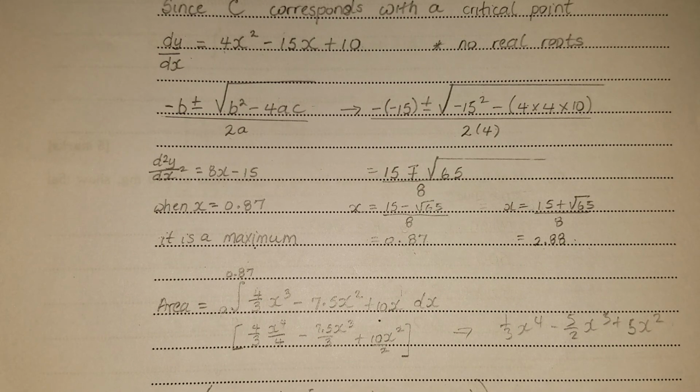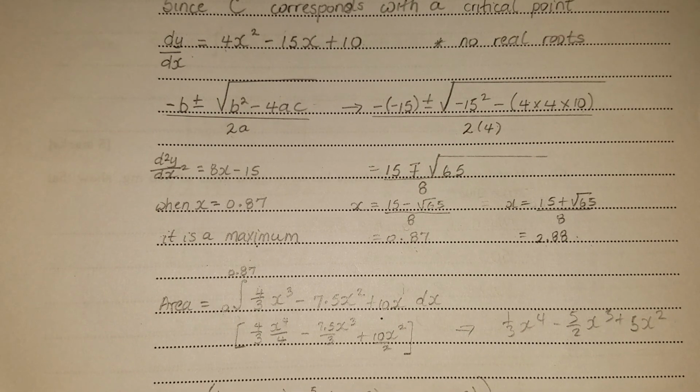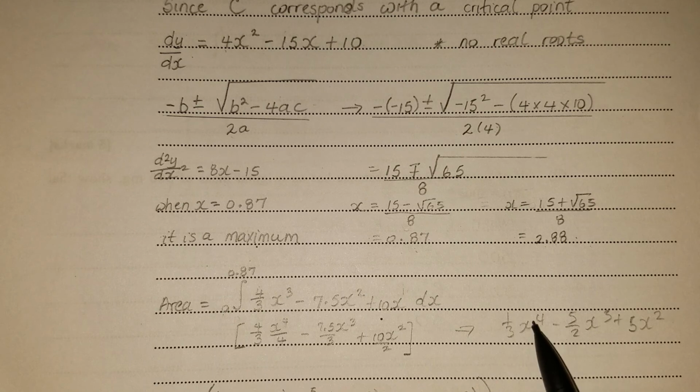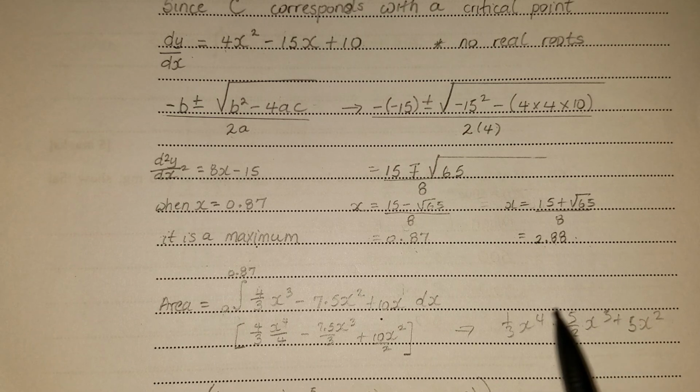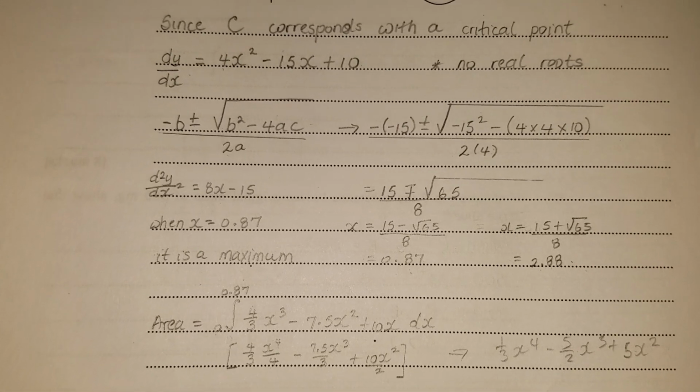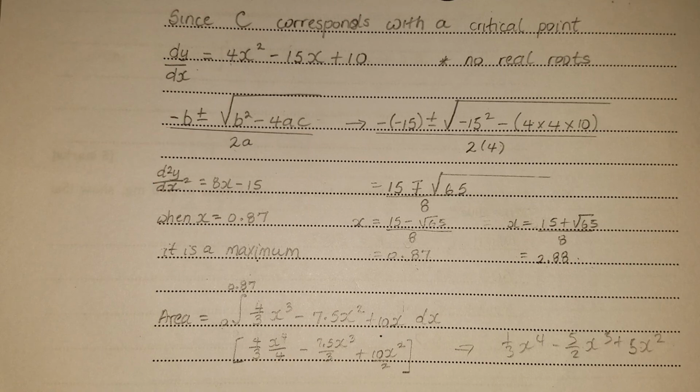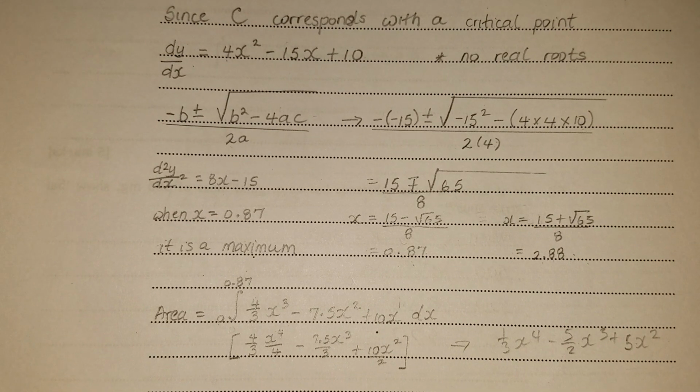When the upper limit is plugged in place of the x, these are the values that we will get, and our lower limit is 0, and in any of these positions it will give us a 0 as our lower answer.